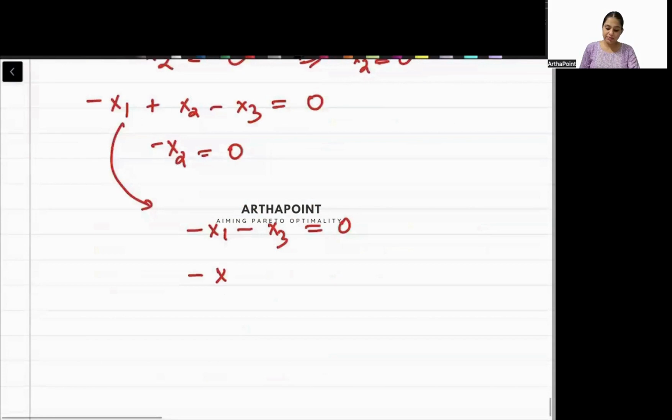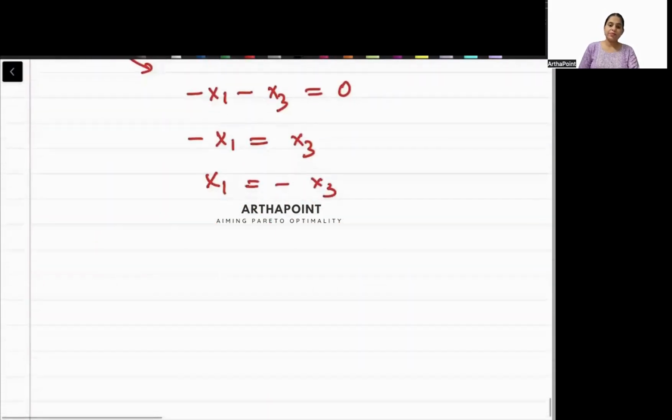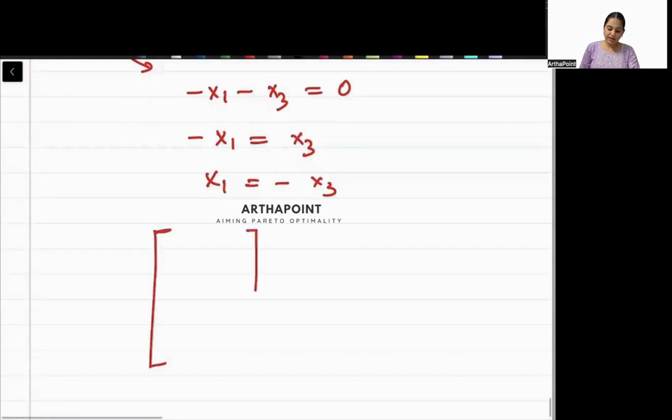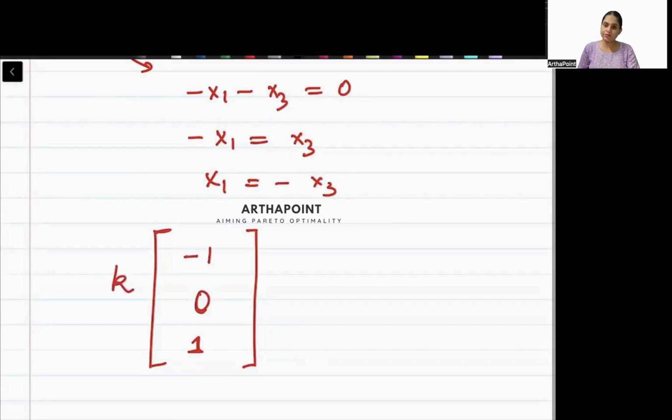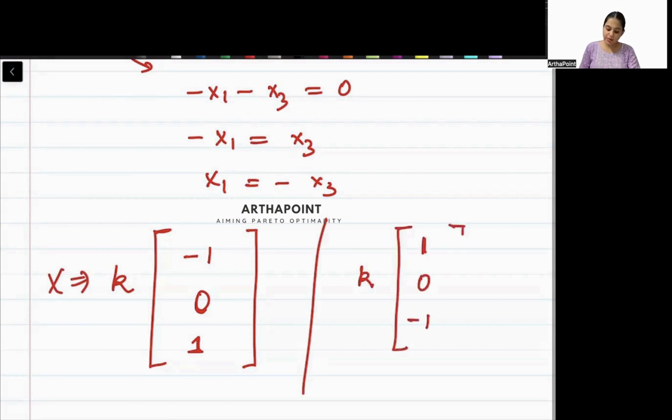And this will mean that minus x1 is x3, so x1 is minus x3. So my eigenvector in this case looks something like this: if I put x3 as 1, x2 is 0, x1 will be minus 1, and then it can be multiplied with any scalar, right? So this will be my eigenvector, multiplied with any scalar. Alternatively, you can write your eigenvector as x1 is 1, this is 0, this is minus 1, multiplied with any scalar.